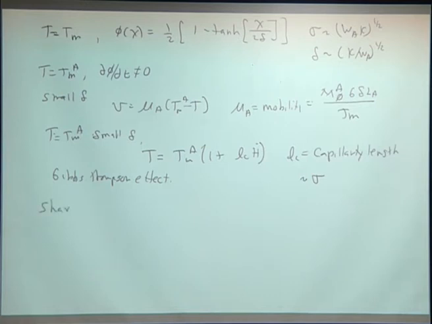And what do I mean by interfacial energy being small? Sharp interface asymptotics. What you do in these sharp interface asymptotics is, let me just sketch the interface here. Zero and 1.